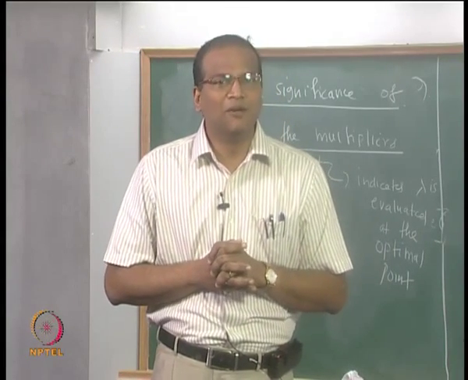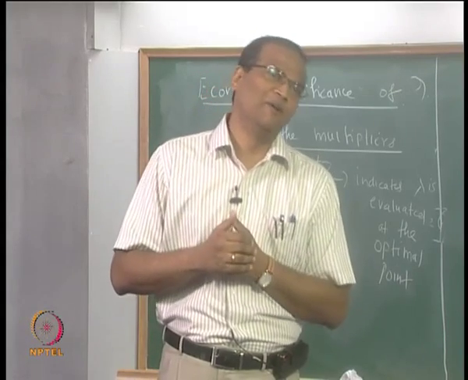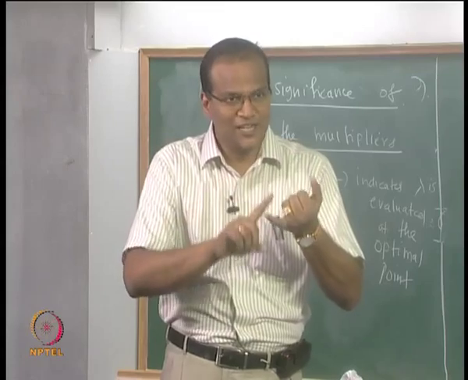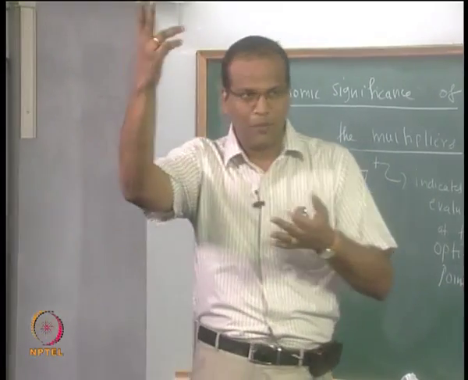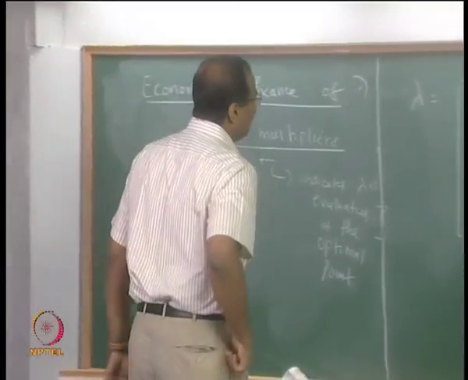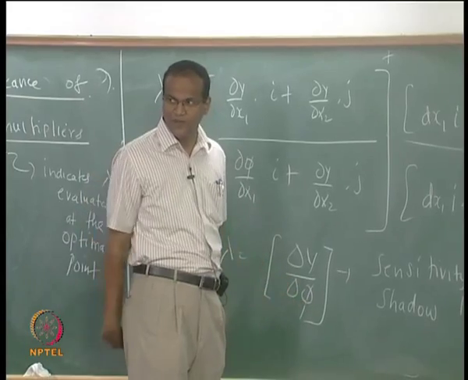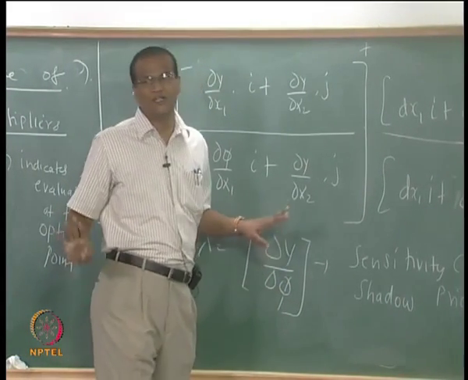So this Lagrange multiplier basically talks about, in the furniture problem under consideration, the two constraints on the time available, the labor and the material, and there is a profit which is y. If more wood is made available to the furniture company or if more labor is available, how will the objective function change?